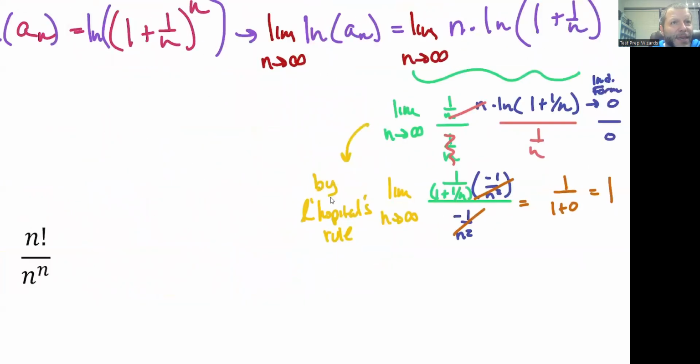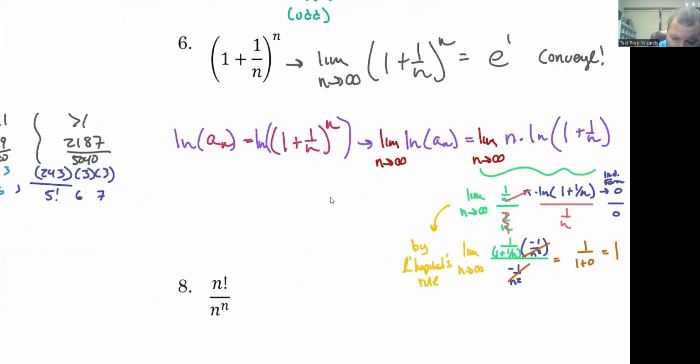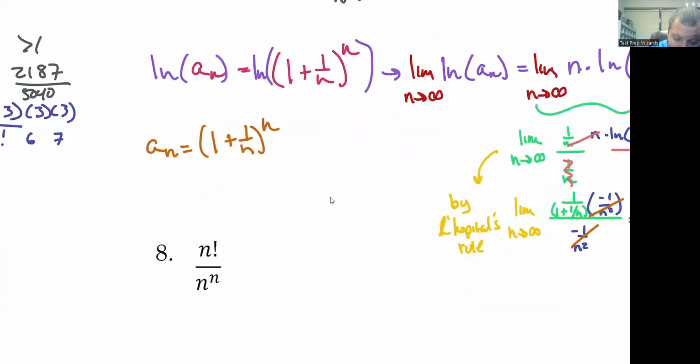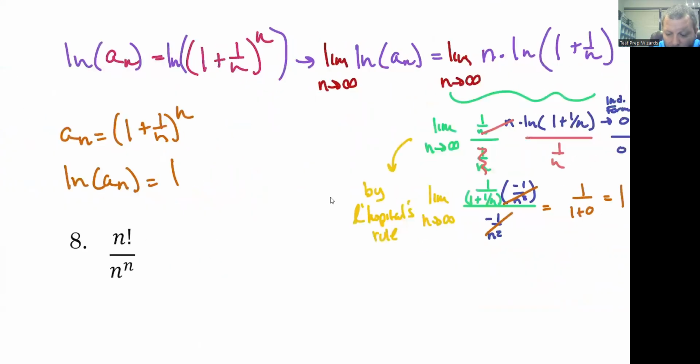Now, if we think about where we started, right? So a sub n was equal to (1 plus 1 over n) to the n. We also saw that the limit of the natural log of a sub n is now equal to 1, right?